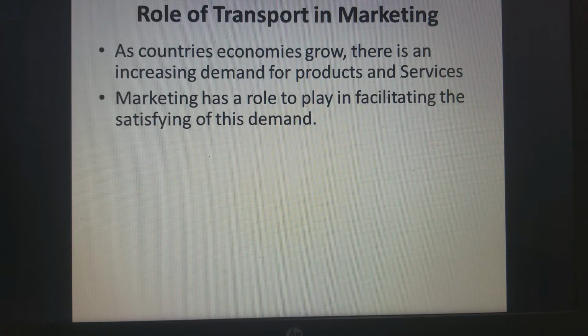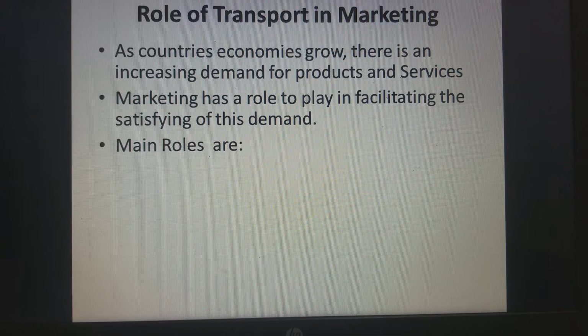Marketing has a role to play in facilitating the satisfying of this demand. So what we're looking at really is the role of transport in marketing. How does transport impact or contribute to the processes of marketing?